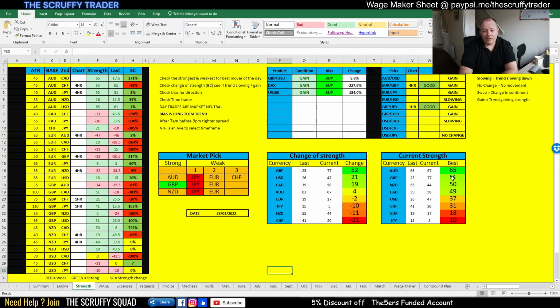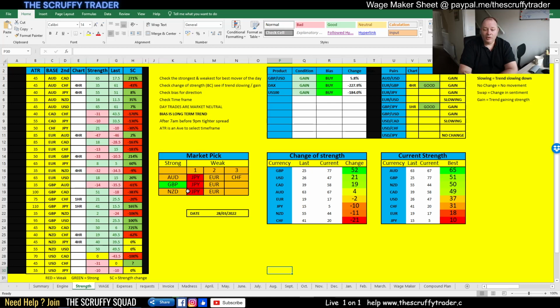You can go, well, yeah, the pound's pretty strong, but in the change of strength, the pound is way up here and JP's down there. So for all that's telling you which is the strongest and weakest, you have to do a little bit of analysis, because that is actually probably a better trade because they are poles apart based on the strength.